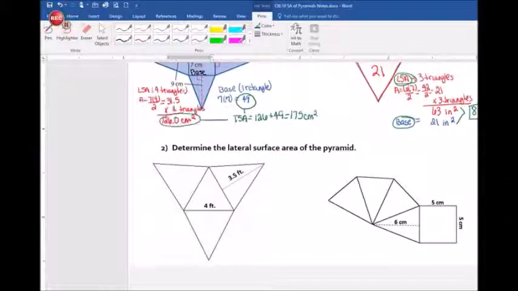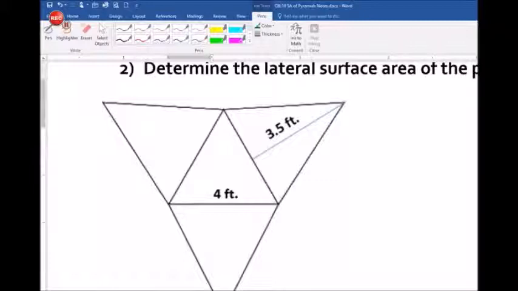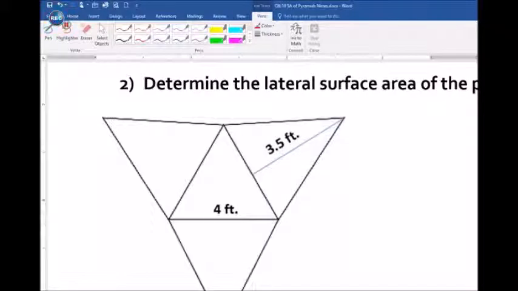It appears that we will be only finding the lateral surface area. I want to remind you that the lateral surface area is without the bases. No bases.